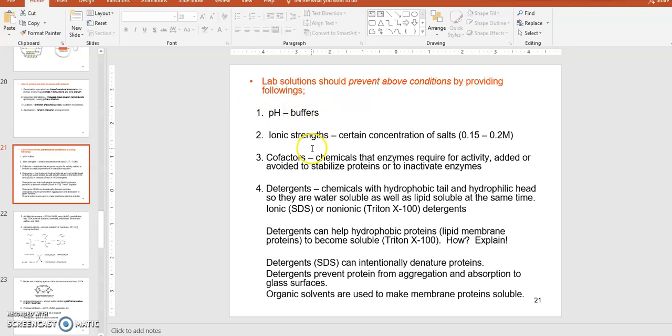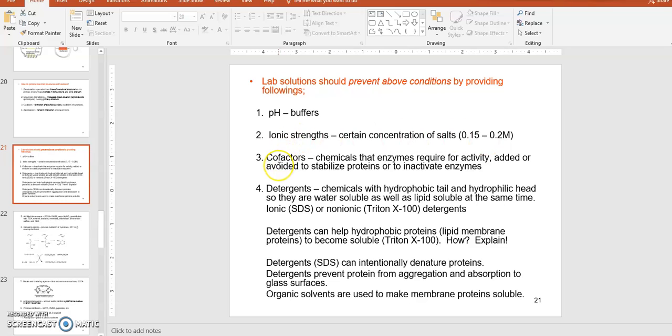Also your solution should have a certain amount of salt because your bodily fluid has some salt in there as well. So your biological molecule is adapted to that environment. Too much salt or too little salt is not good because all those ionic bonds will be broken up. So ionic strength. So add some salt in your solution. About what? 0.15 to 2 molar solution is good.